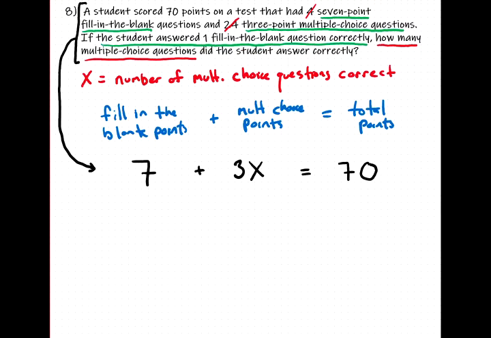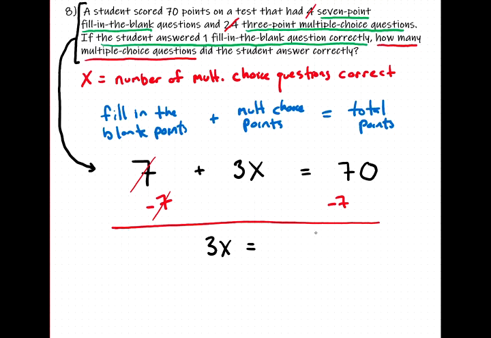All right, so we need to solve for x. So we need to get rid of the 7 and the 3. We have addition here. The opposite of a plus 7 is a minus 7, so let's subtract 7 from both sides. So these will cancel, leaving us with 3x on the left. And 70 minus 7 is 63.